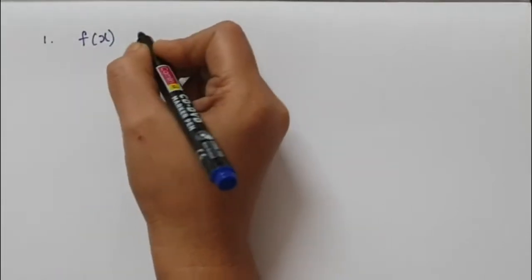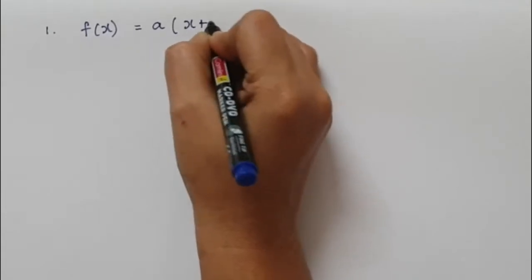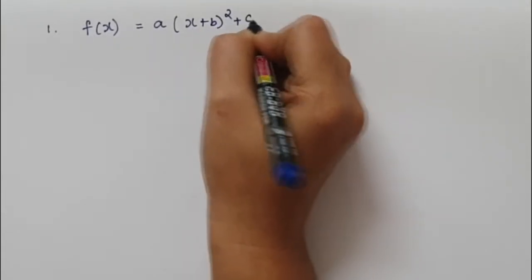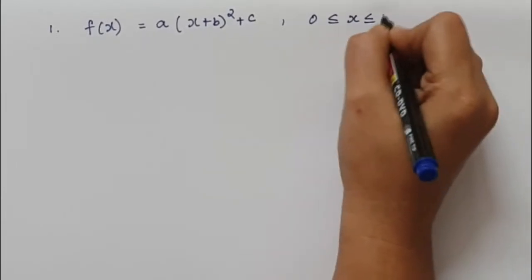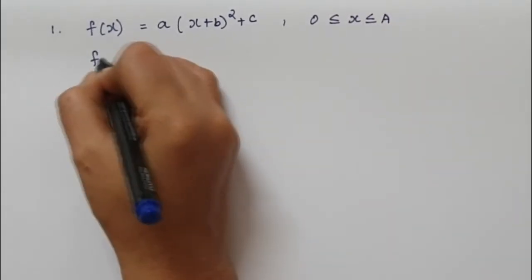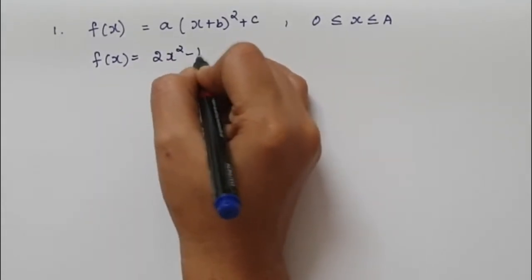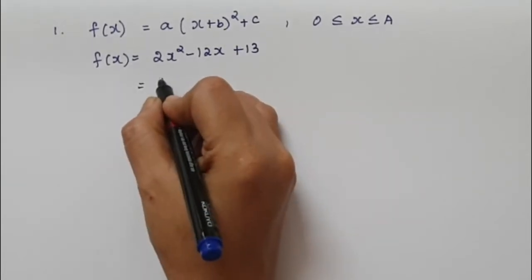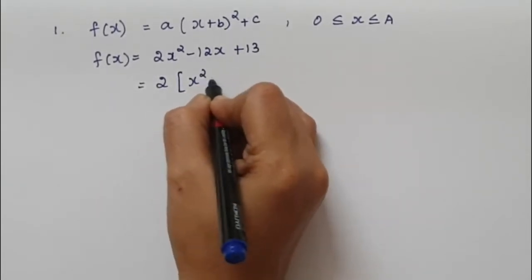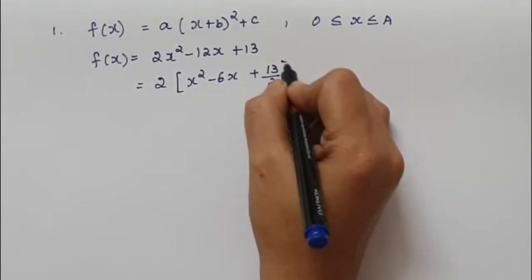It is given that we have to write the expression in the form of a into x plus b the whole square plus c, where 0 less than or equal to x less than or equal to a. Now the given expression is 2x square minus 12x plus 13. In this, we'll take a 2 outside. So it will be x square minus 6x plus 13 over 2.